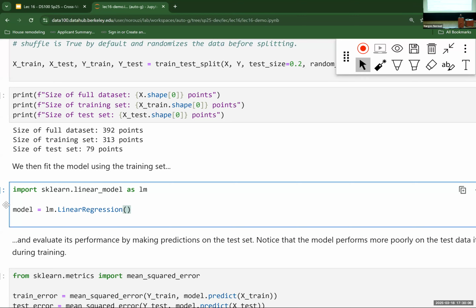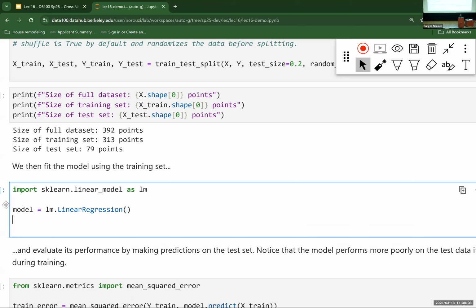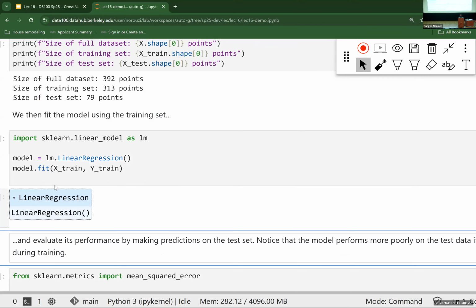So I'm creating the model object, but now I need to fit it to the training data. Remember that every training is going to be done by the training data. Then I have the model, then I'll do the inference on the test data. So I'll say model.fit. What do I pass? Xtrain, and I'll pass ytrain, the respective thing.